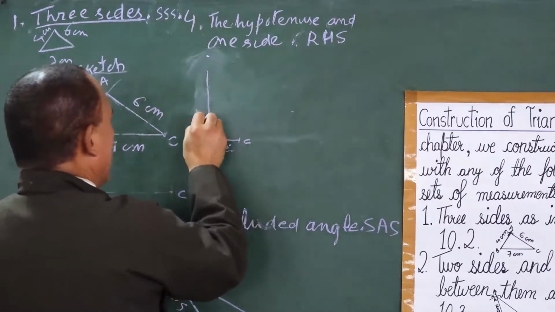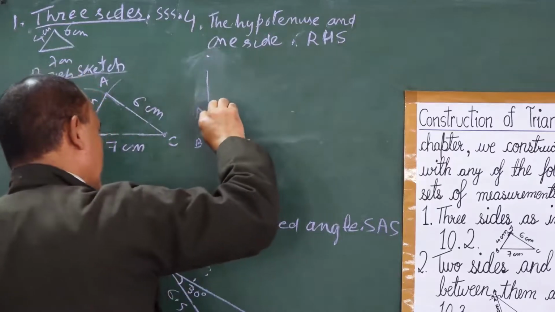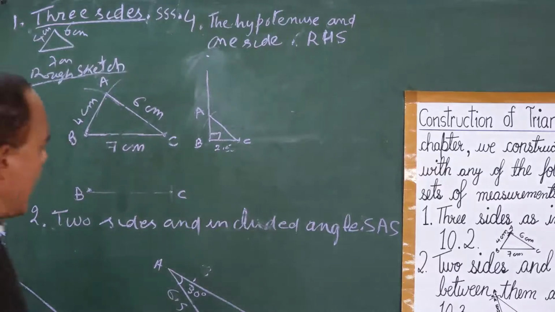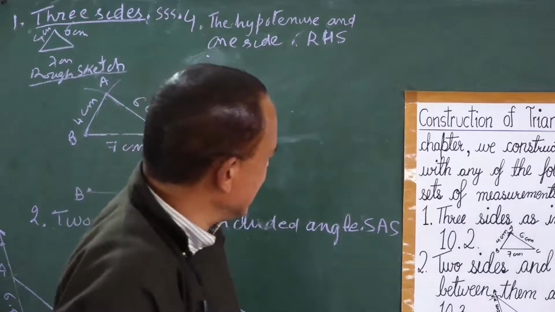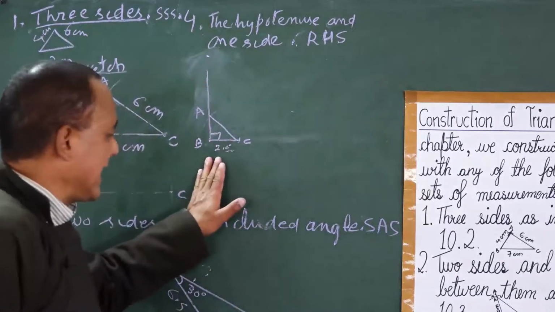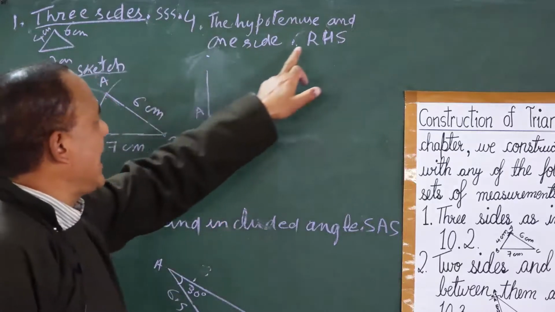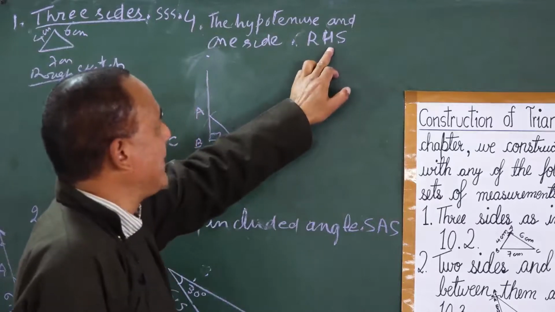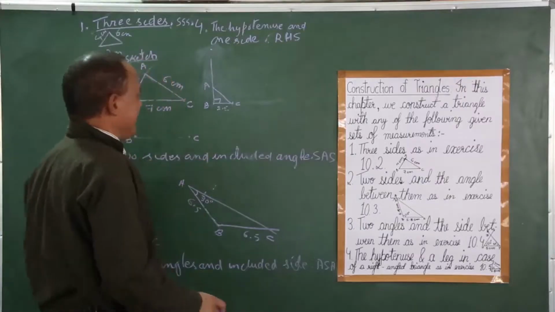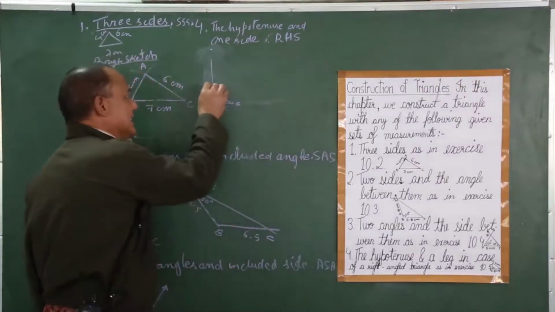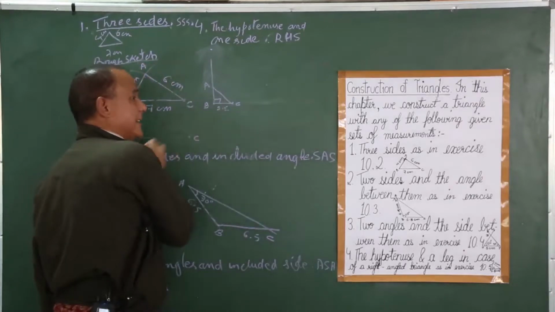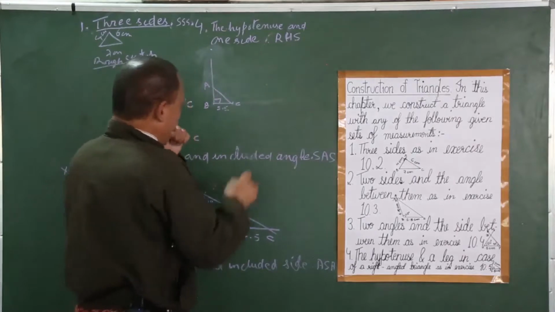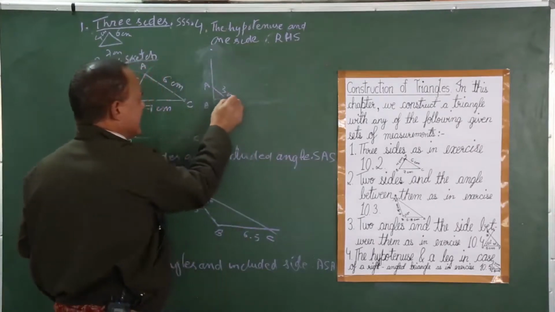And then you have A, B, C. So you join this line. This is how to make a triangle with given RHS. That means right angle, hypotenuse and side. These 3 things are given. What is a hypotenuse? Hypotenuse is the side opposite to 90 degree. That means AC is hypotenuse. So AC is given here as 3 centimeters.